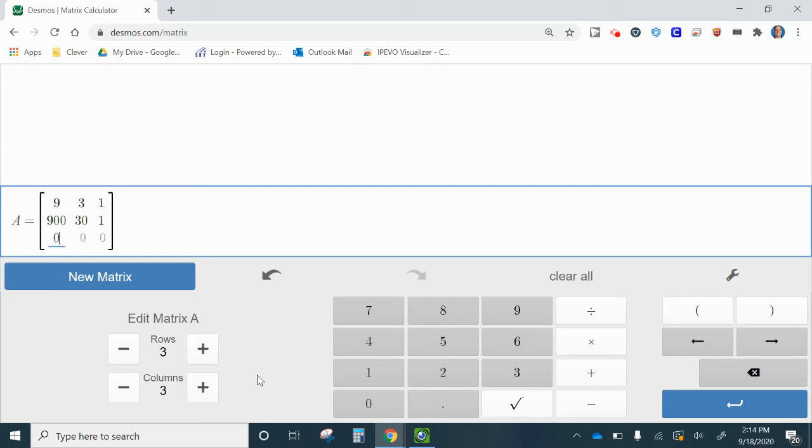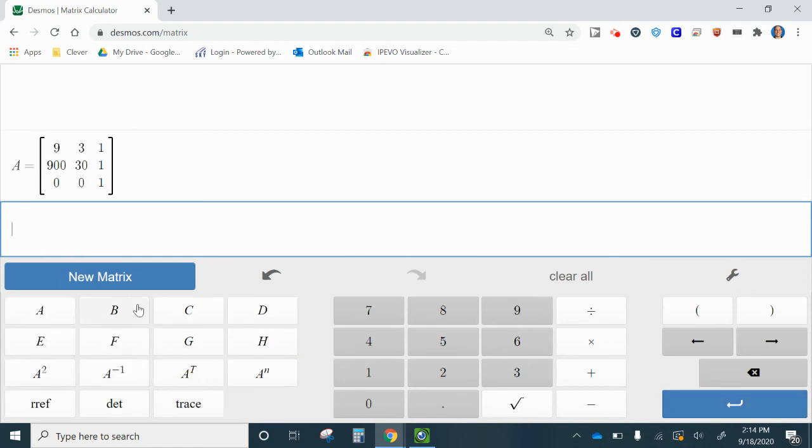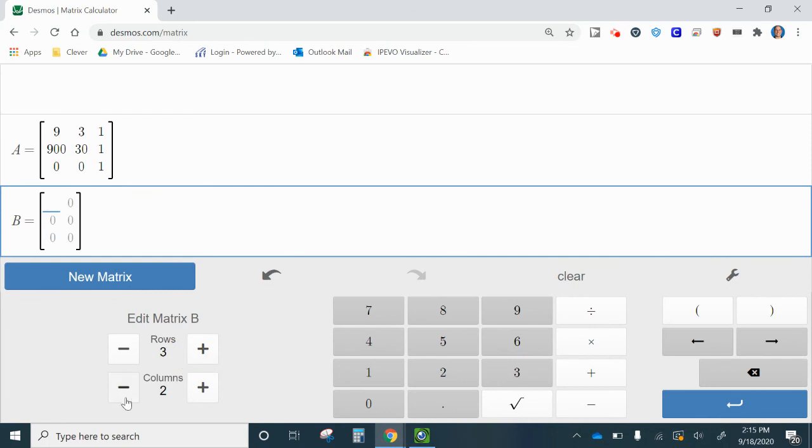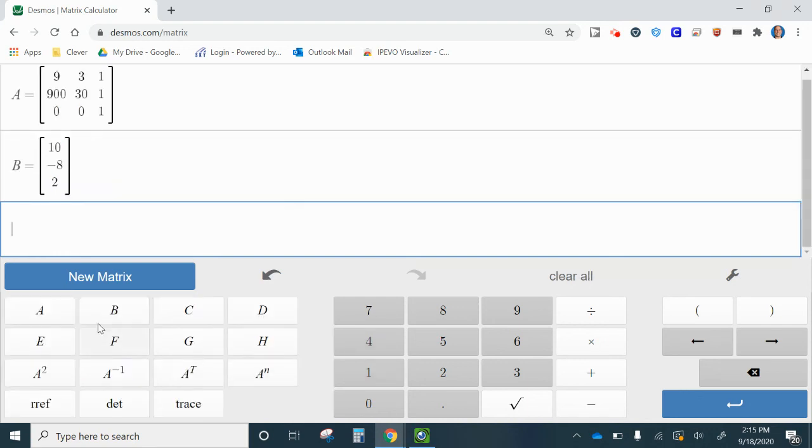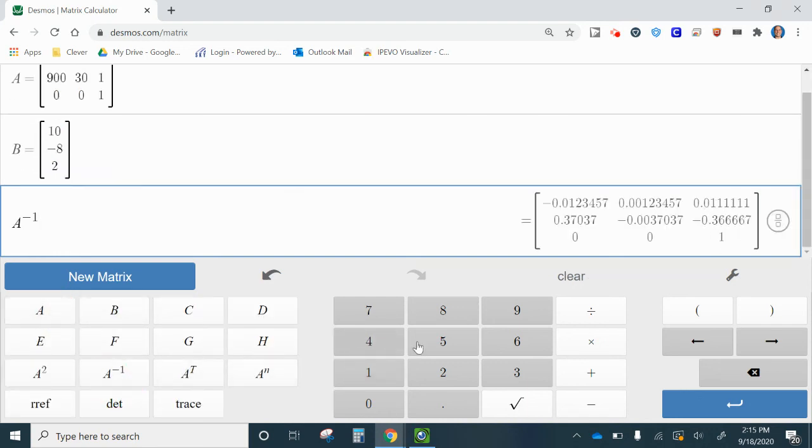So let me go back and see what the answer is here. And with that repeating decimal, I'm just going to go step by step. Next, next, next, next.